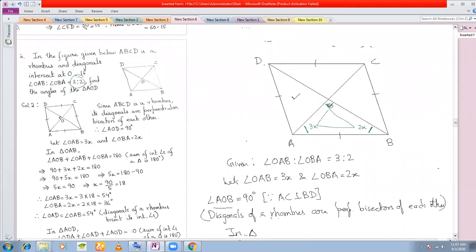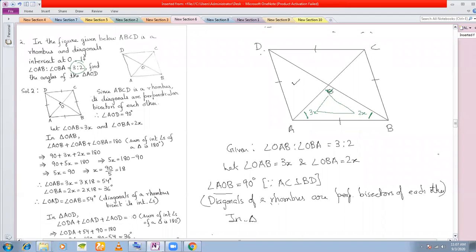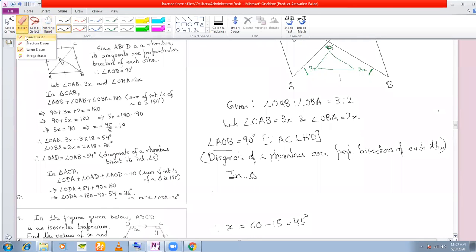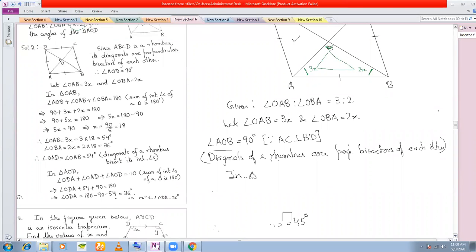Right or wrong? I thought AOB. No, sir, AOD. Okay, but anyway, still AOD. If this is 90 degrees, let us try to understand first how to do this. Then I will continue writing.